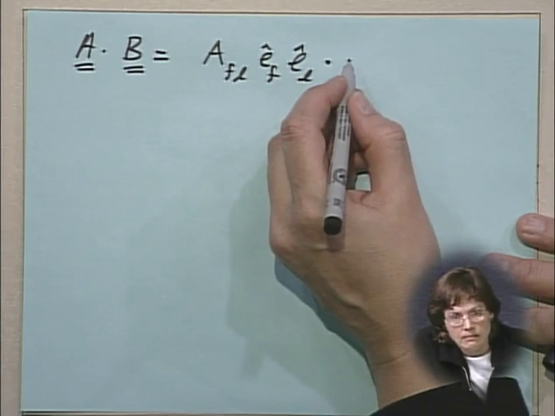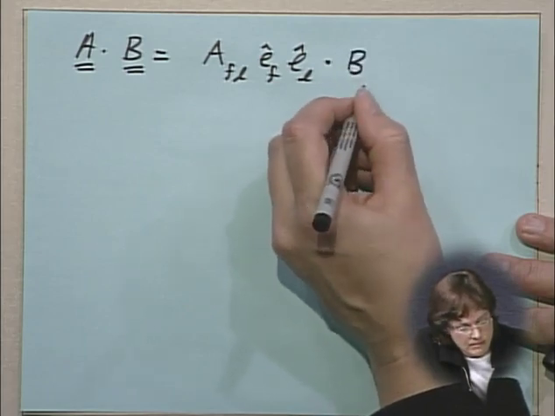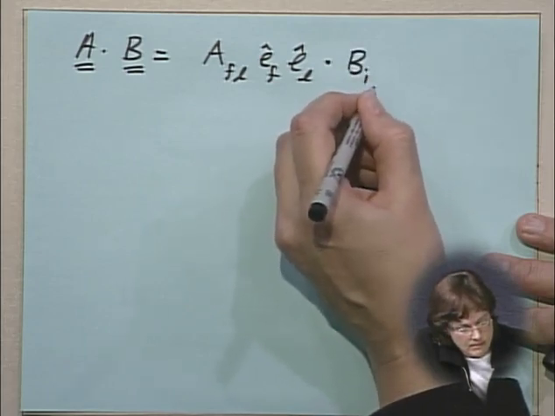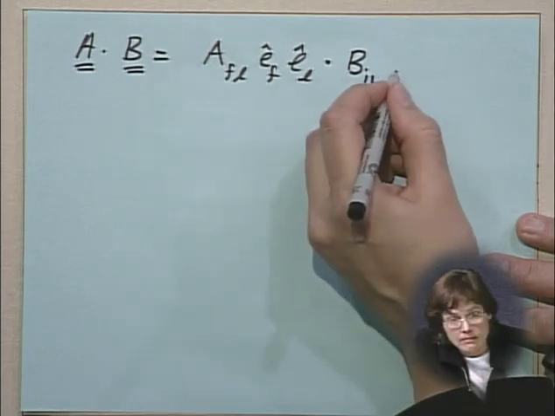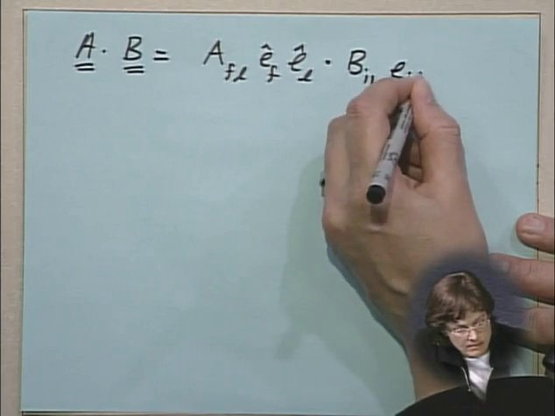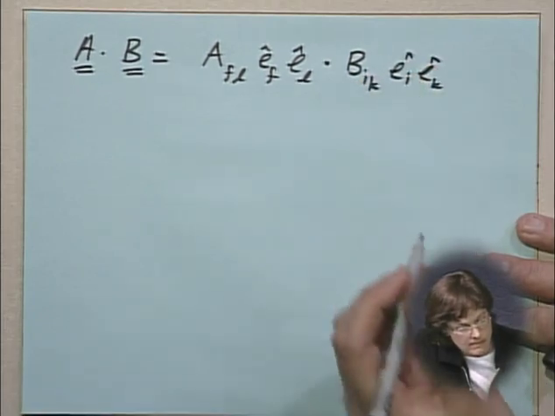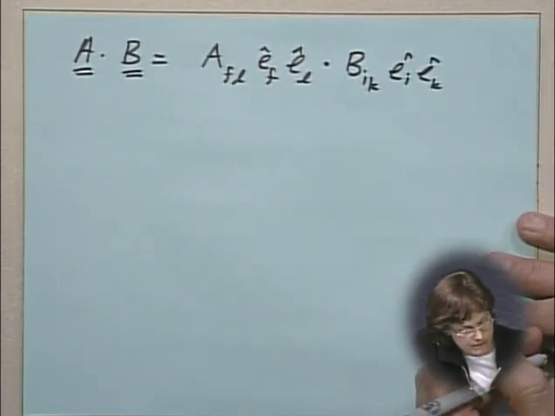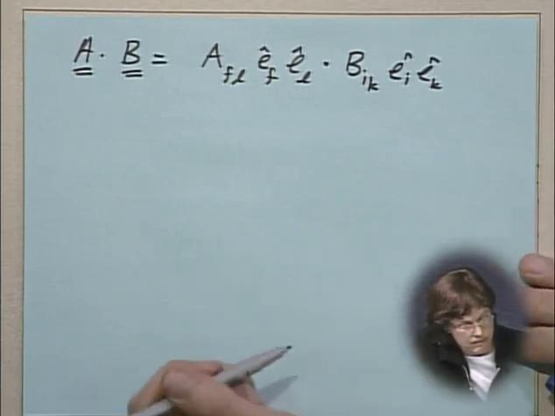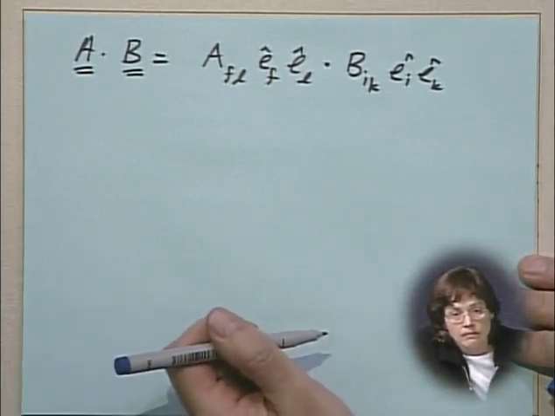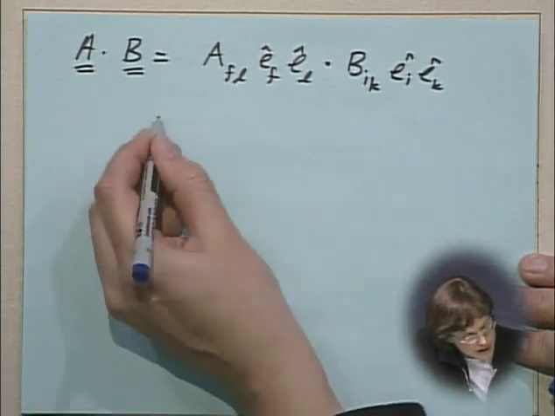E, F, E, L, right? Then B, I, K, E, I, E, K. Now, could you move the coefficients? We can do that.